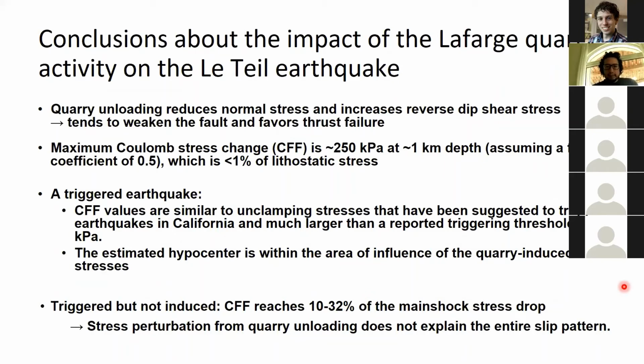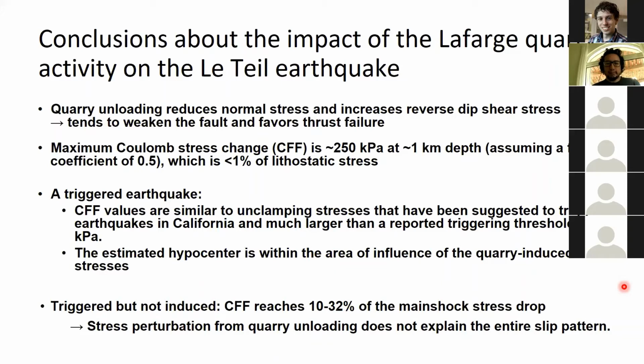So overall, we conclude that the quarry unloading reduces the normal stress and increases reverse shear stress, which tends to weaken the fault and favors a thrust failure. The change of Coulomb stress is on the order of 250 kilopascal at a depth of about 1 kilometer, assuming a frictional coefficient of 0.5, which is less than 1% of the lithostatic stress, and also about 10 to 30% of the main shock stress drop.